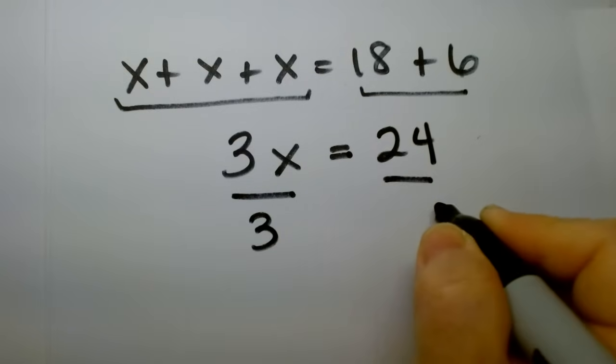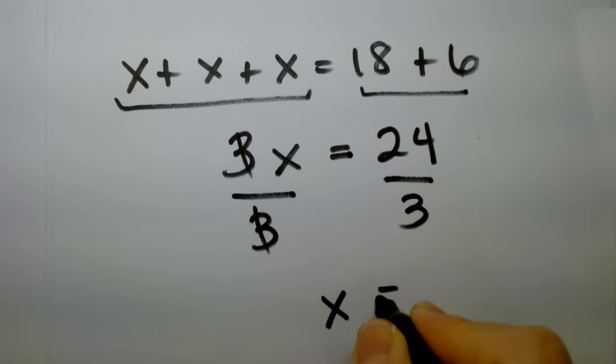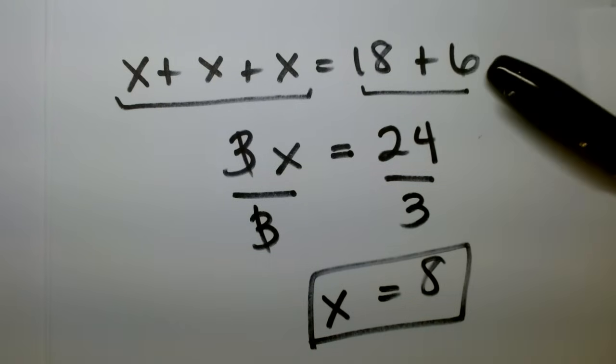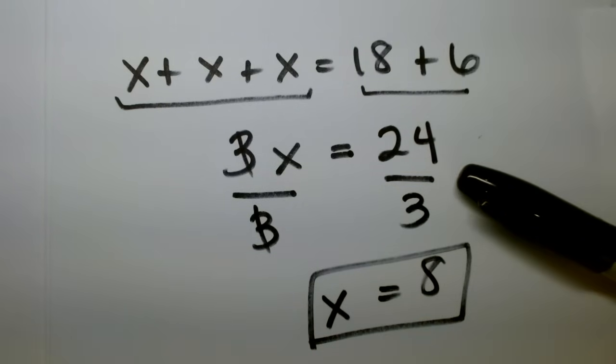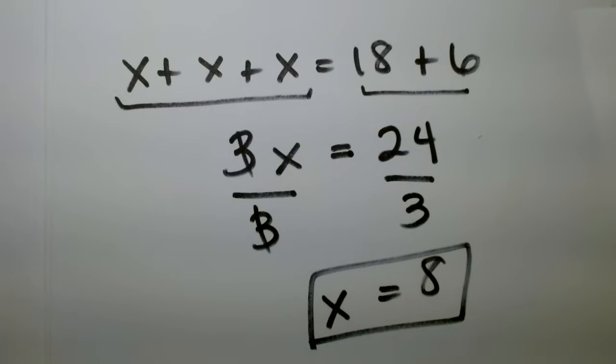Divide by whatever's in front of the x. That will go to 1. X is equal to 8. Good. So we combine like terms. We get x by itself. And then we solve. Yeah, it's very methodical once you get into it. Okay, good. Should we try another one?